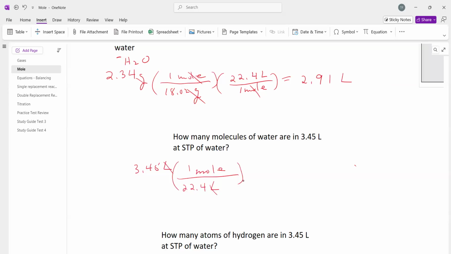Now we're going to go to how many. So moles cancel with number of molecules.